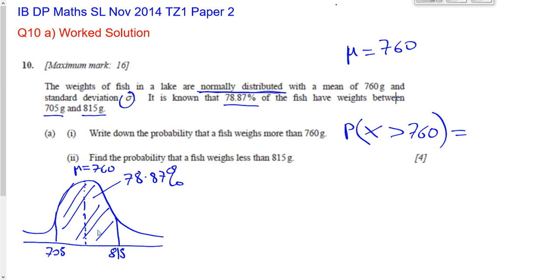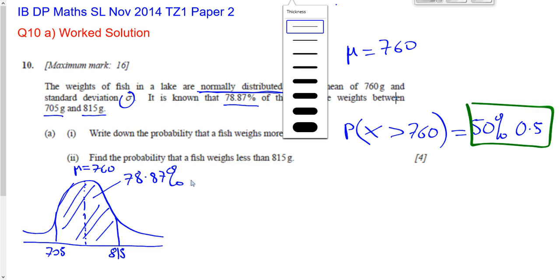That would be anywhere on this side of our mean. If we have a look, that represents 50% of the data. That's half of the data on this side of our mean line. So the probability is going to be 50%, or in decimal terms, 0.5. So that's our first part answered.